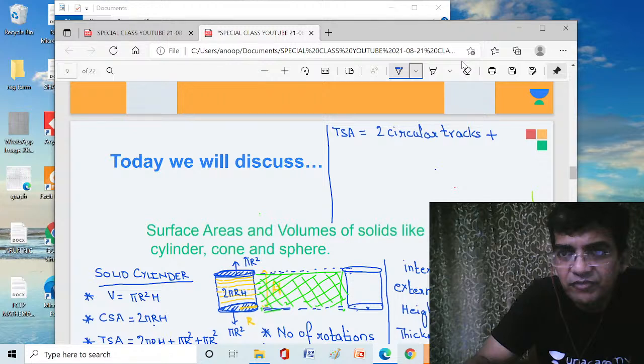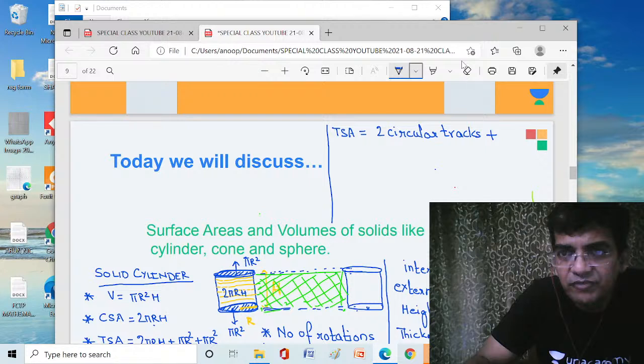Plus, we have the external curved surface, so 2 pi capital RH, and then one internal curved surface, so 2 pi small rh. This is the formula that you can arrange for the total surface area of a hollow cylinder.